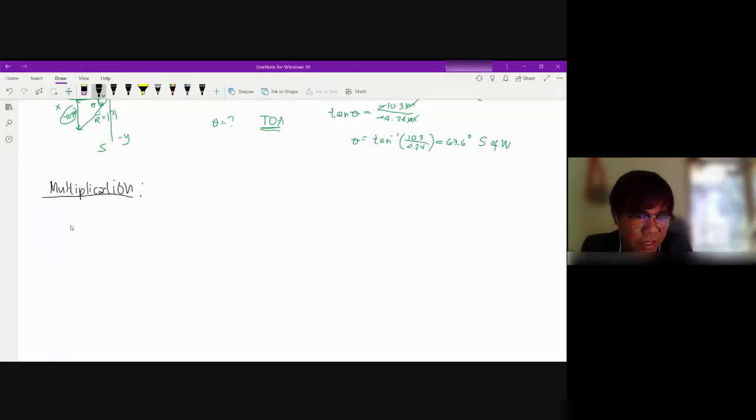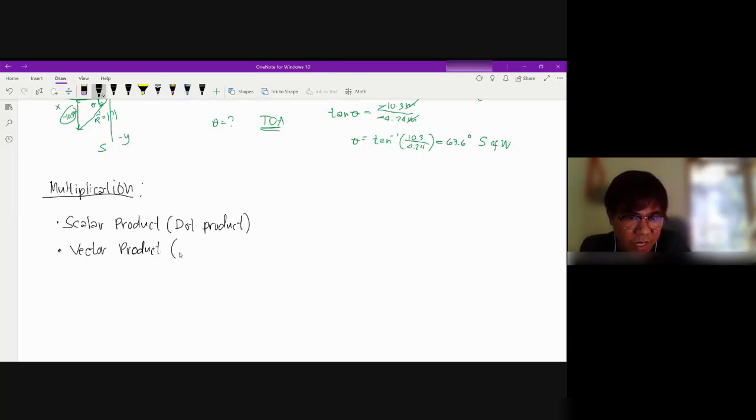So, naidwa ka klase na primero kay natay gitawag na scalar product, or sometimes ginatawag po ni siya og dot product. Okay? Ang ikaduha kay natay gitawag nga vector product, or gitawag ni siya og cross product.